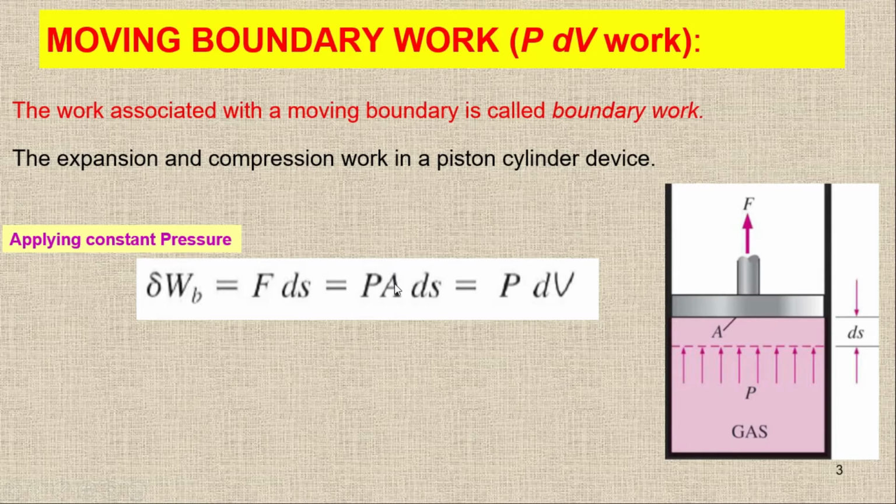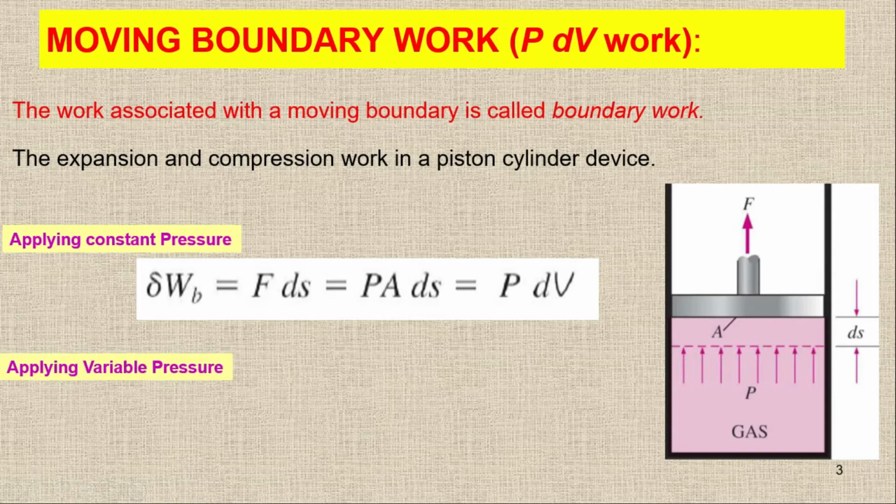If I combine this area times this ds, then you will get the dV, or change in the volume. So pressure times change in the volume is simply the boundary work, because we have the constant pressure.